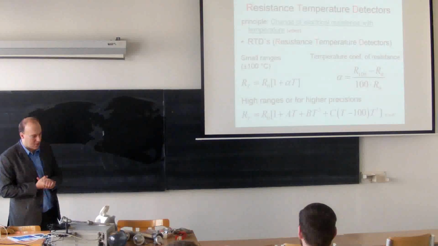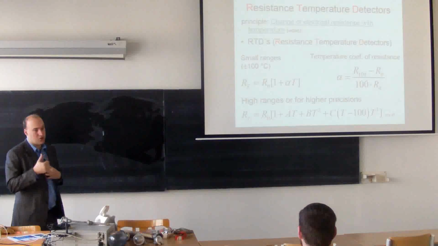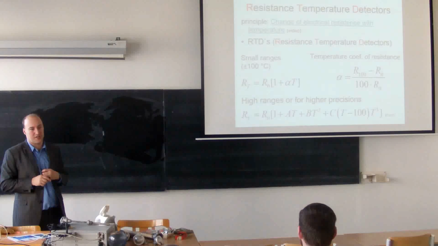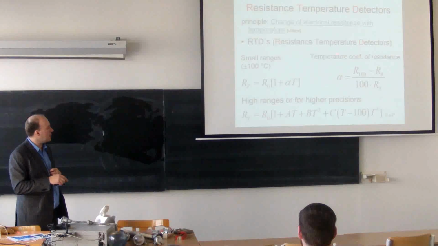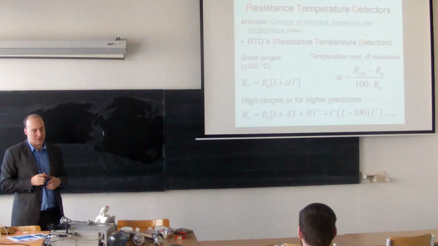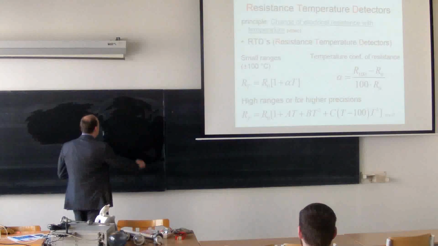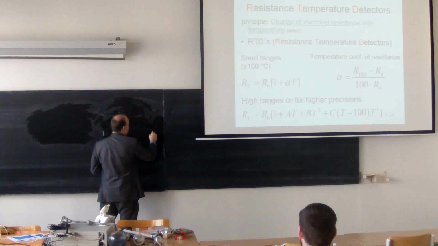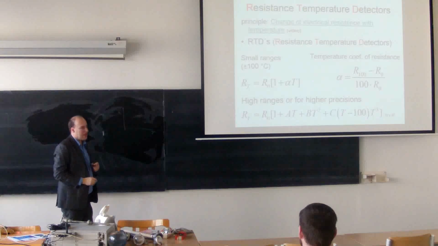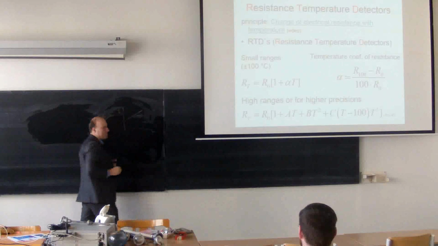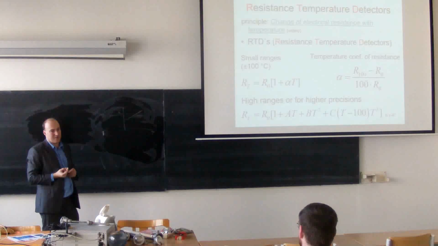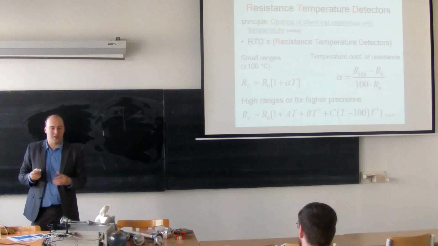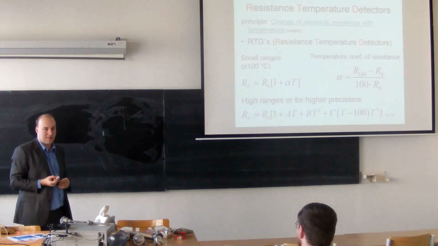So we'll start with the comparison of those three metals based on the temperature coefficient of resistance. What does it mean, temperature coefficient of resistance? If I plot the dependence of electrical resistance on temperature, and it's a linear dependence, then the temperature coefficient of resistance is nothing else than sensitivity.